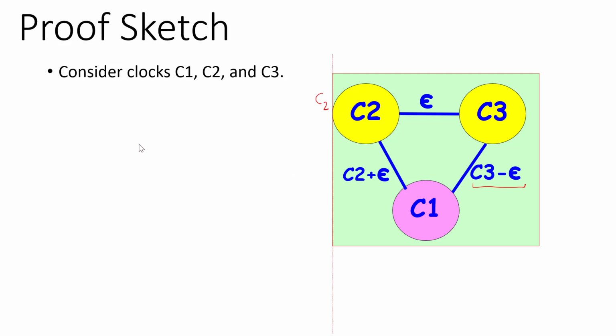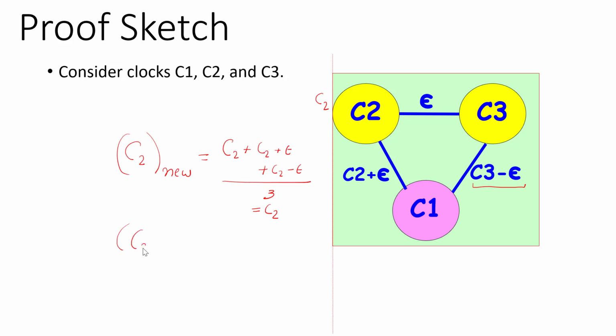Now if you look at the time that C2 computes, the C2 new will basically be equal to C2 plus C1, which is nothing but C2 plus epsilon, plus the time of C3, which is nothing but C2 minus epsilon, divided by 3. Then epsilon and epsilon cancel, so this becomes equal to C2.